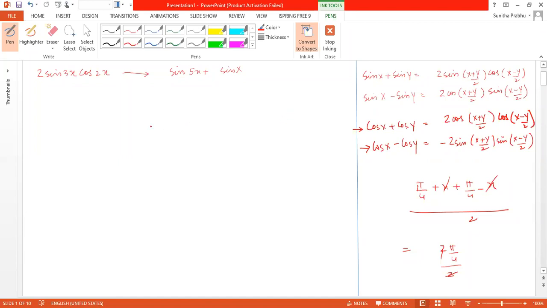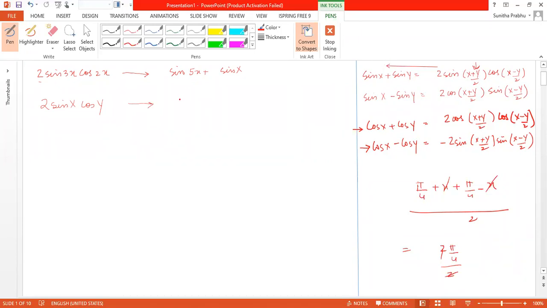So in general, if I need to have this 2 in front, 2 sine capital X cos capital Y, then what I will have here is sine and cos, which means sine plus sine. Please look at this, guys. The format we have is 2 sine x cos y. We have to break it up as sine plus sine.